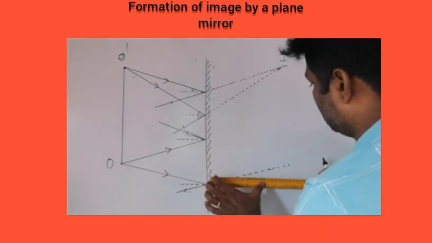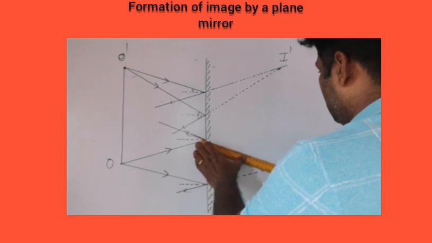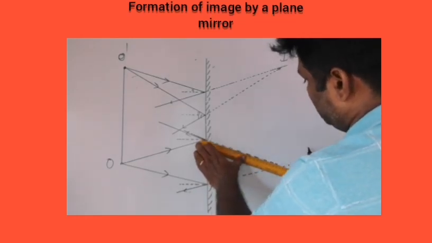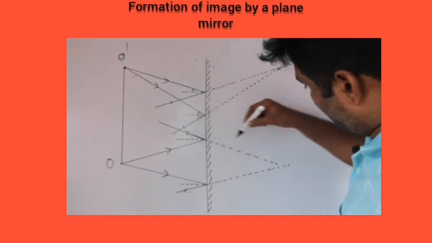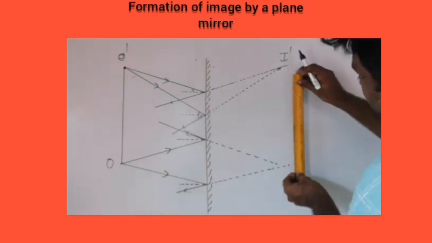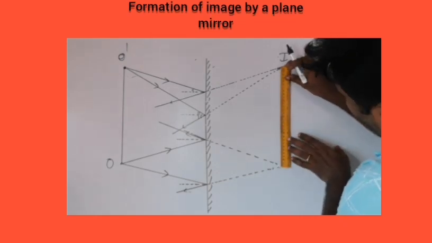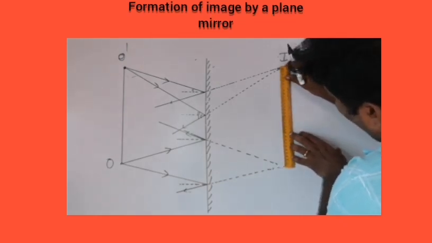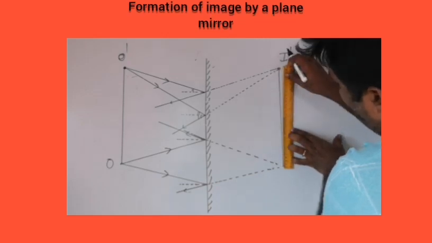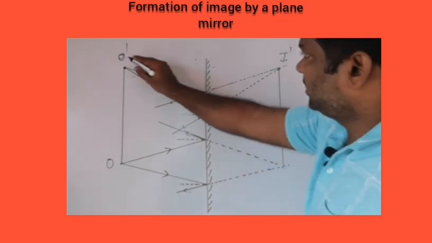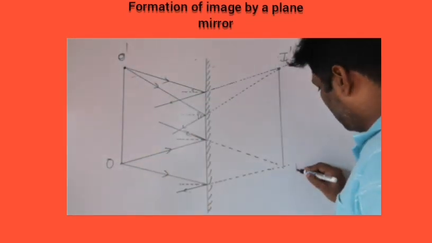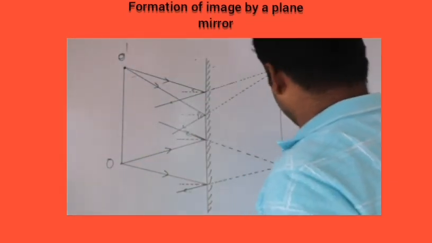You need to draw this. Look, the first reflected ray is extended, and the second reflected ray is also extended in reverse. Then I got the top and bottom points. That is, instead of O prime I got I prime, instead of O I got I.